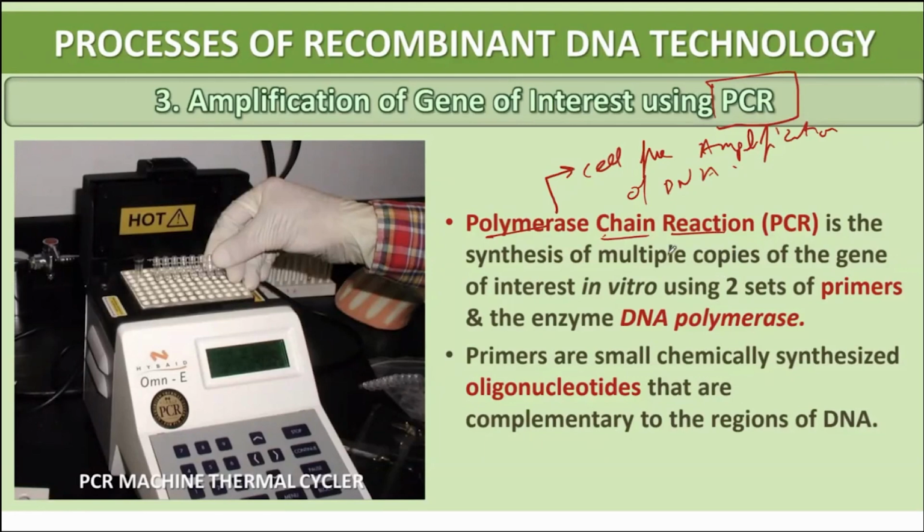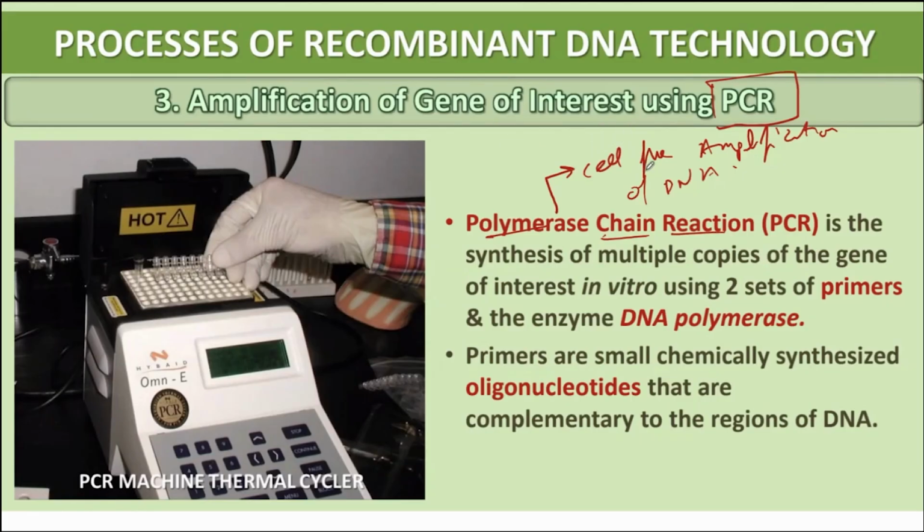Polymerase chain reaction is the synthesis of multiple copies of the gene of interest in vitro using two sets of primers and the enzyme DNA polymerase. So again, please follow me through thoroughly.